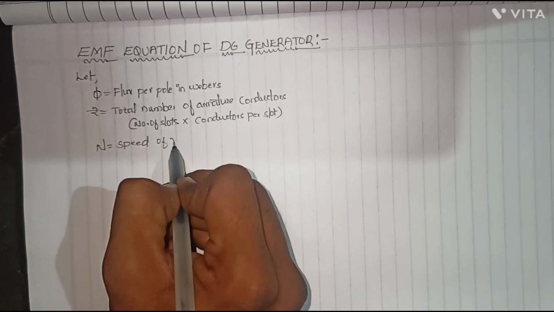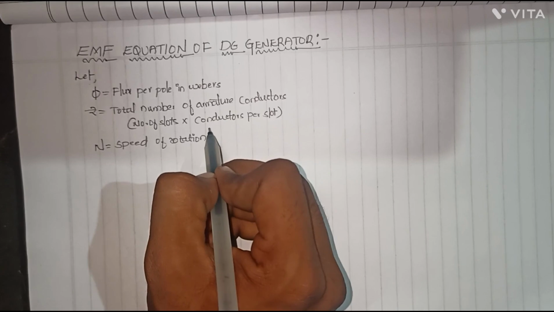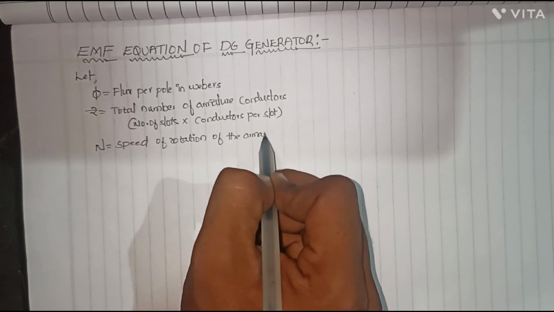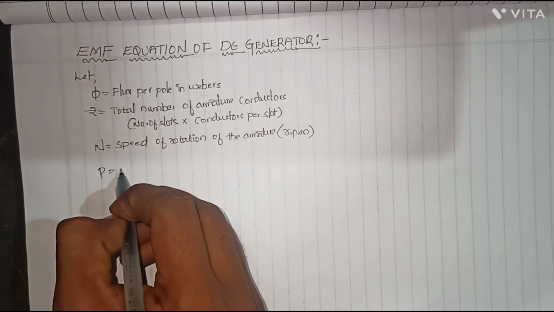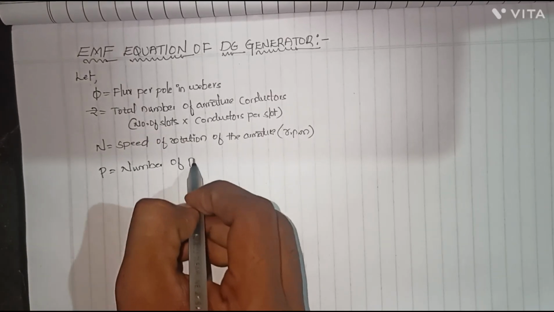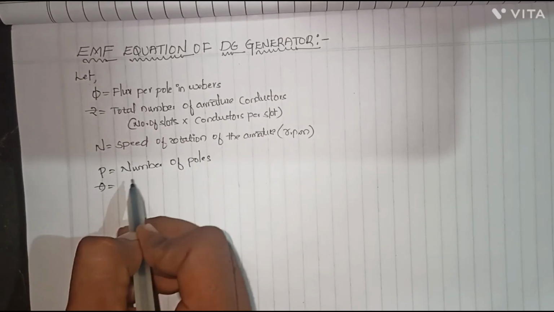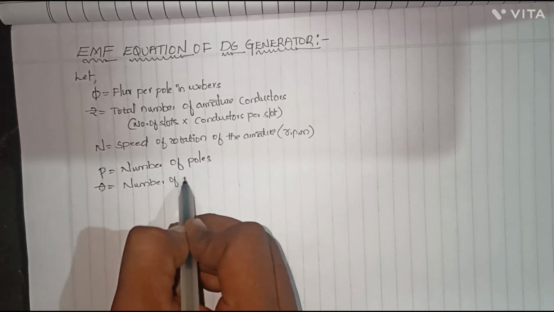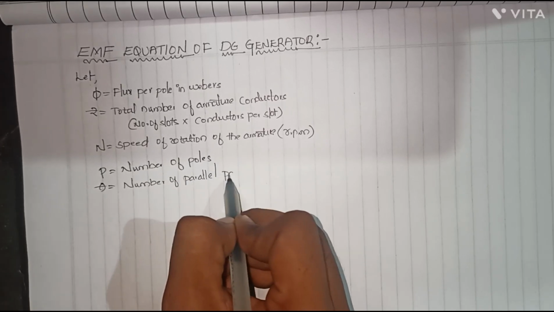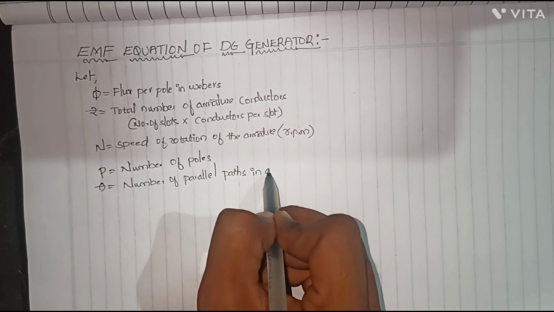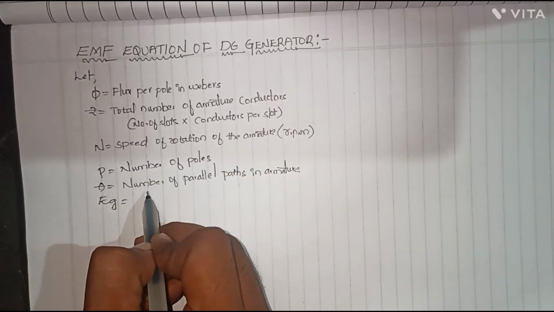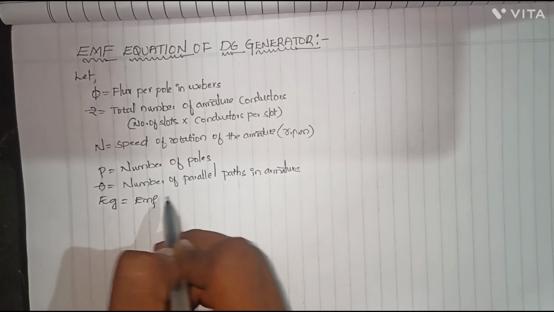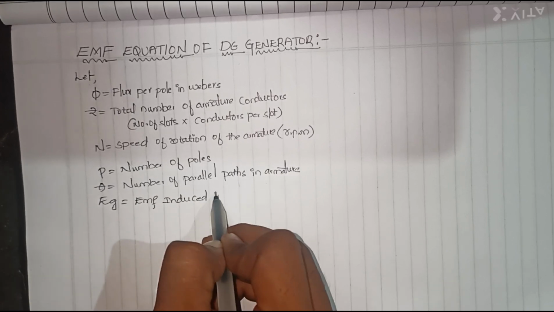N equals speed of rotation of the conductor, units RPM. P equals number of poles. A equals number of parallel paths. In the armature, Eg is the EMF induced in any parallel path.